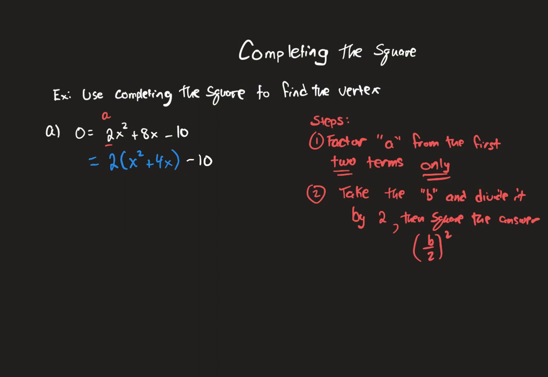So what's my b? Well, my b is 4. So if I'm doing b divided by 2, that's 4 divided by 2, and I'm squaring the answer, which will give me 4. What am I going to do with this number? Well, you're going to add it and subtract it inside the bracket.